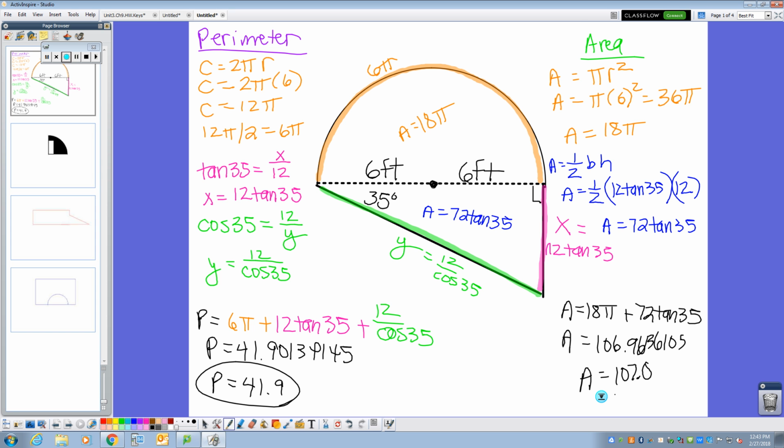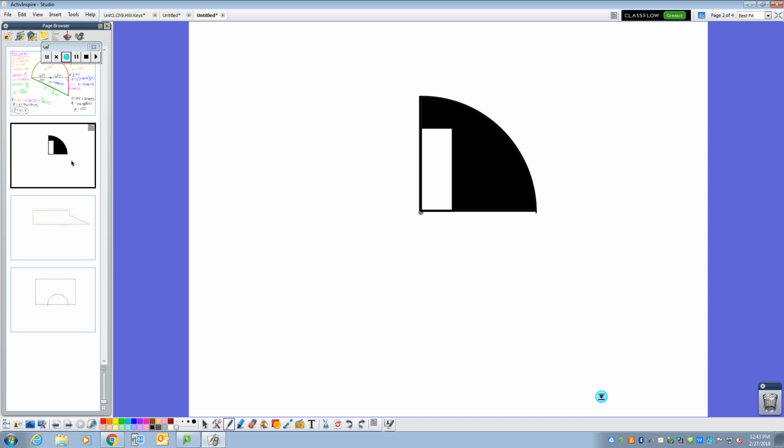Okay, next question we're going to take a look at. This would maybe be a word problem where we have someone making a machine part, or who the heck knows what they're making. And it would of course have to have some units given. And let's say that this is a quarter circle with a rectangle cut out.